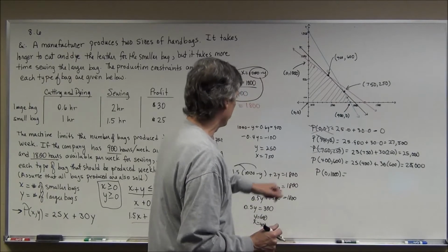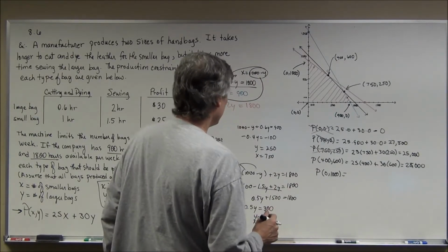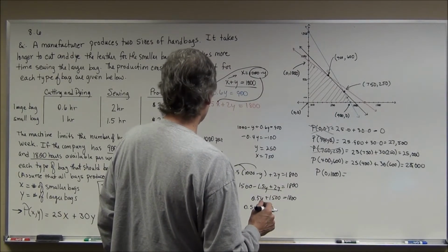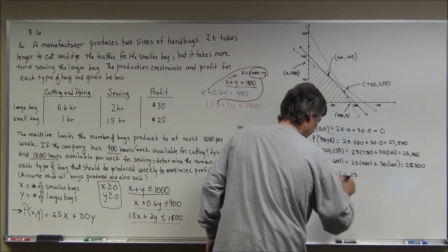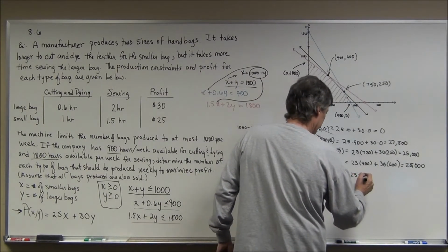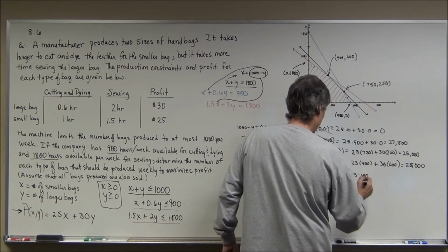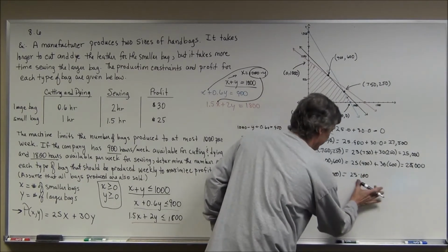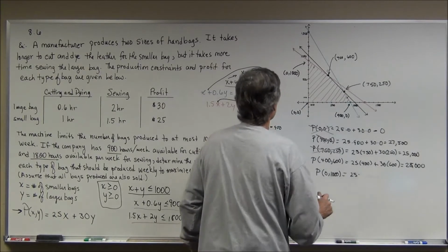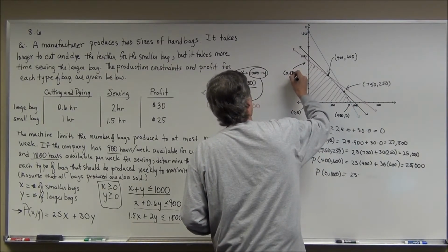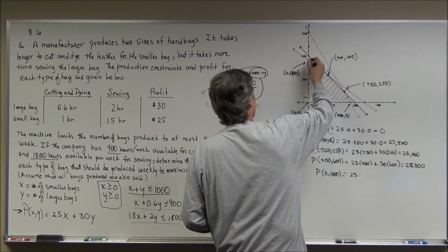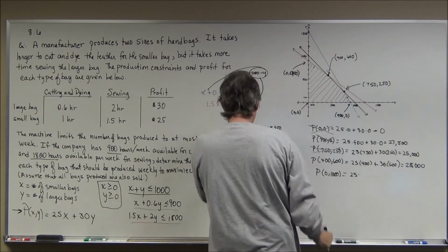Let's see if the last one helps or hurts. Let's see, 1,000, so that's 25 times 1,000. Oh, times 0. Oh, wait a minute. Heavens to Betsy. I'm glad I looked. That's a 900. There's 1,000.